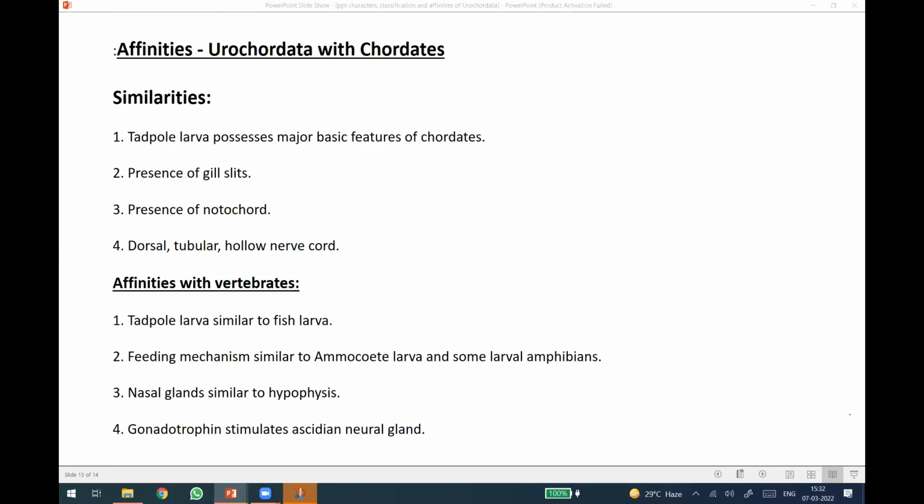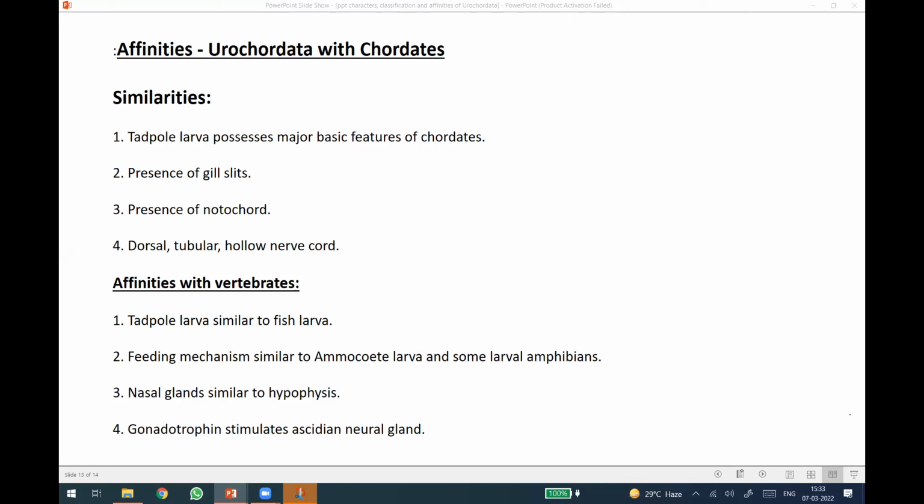Then the Urochordates have been shown to show affinities with chordates also, on the basis of which it is considered that they may occupy some position directly on the evolutionary path, showing direct evolution of chordates from Urochordata.